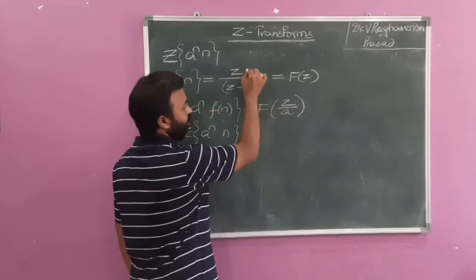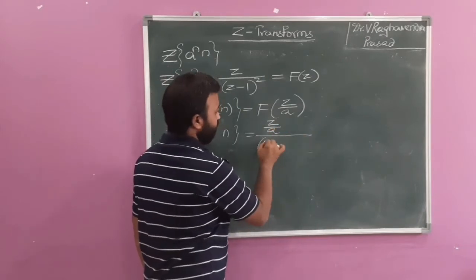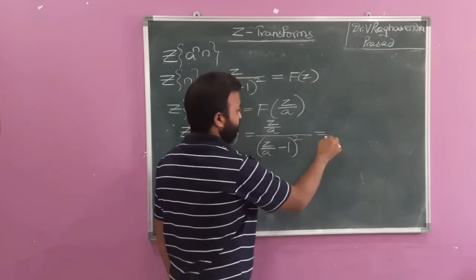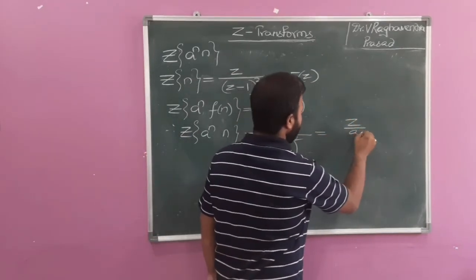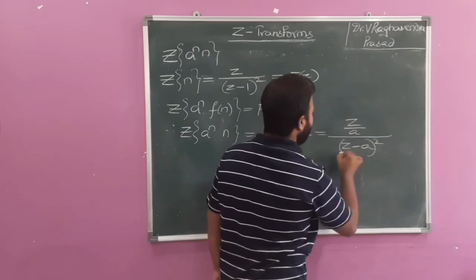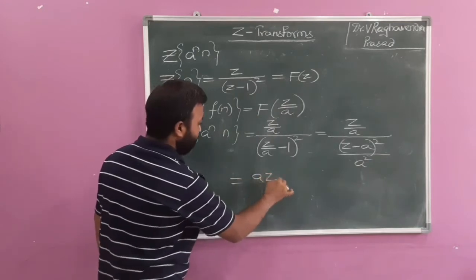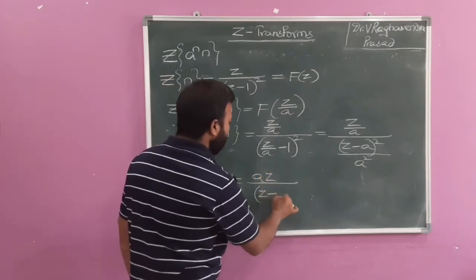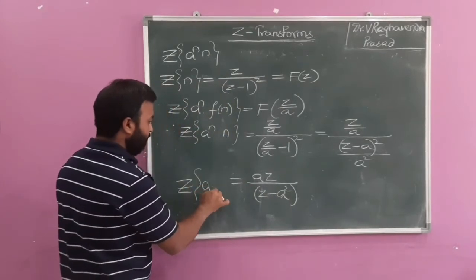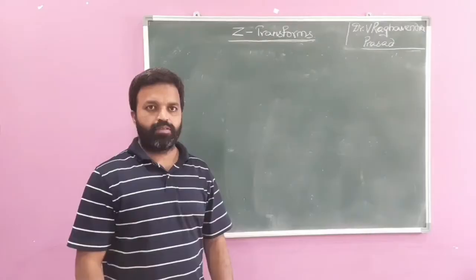That is, we replace z with z by a. Then we have z by a by z by a minus 1 whole square, which is equal to z by a by z minus a whole square by a square. That is a z by z minus a whole square. So we find the z transform of a power n into n by using the change of scale property like this.